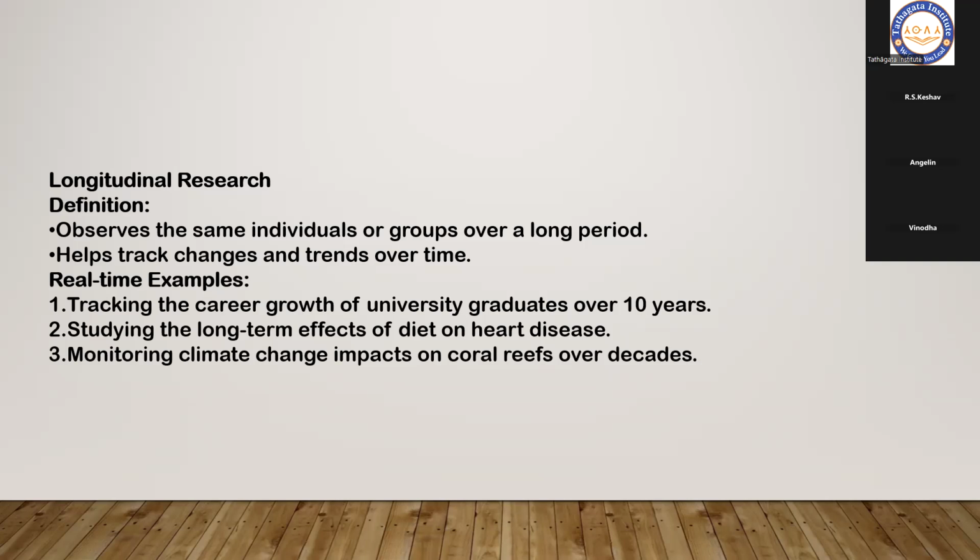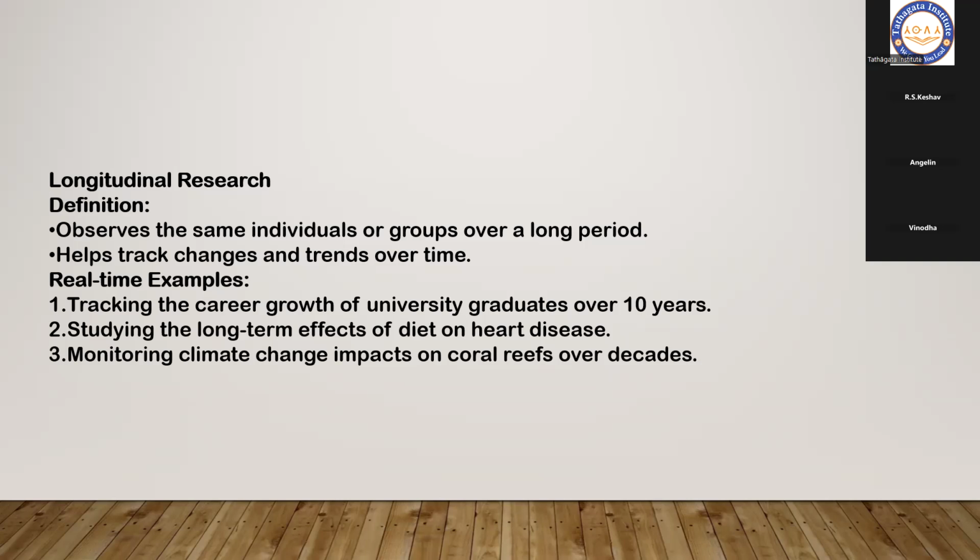Real-time examples would be tracking the career growth of university graduates over 10 years, how they transformed. Studying the long-term effects of diet on heart disease, monitoring climate change impacts on coral reefs over decades, and tracking the health of people over 20 years. This is a good example.